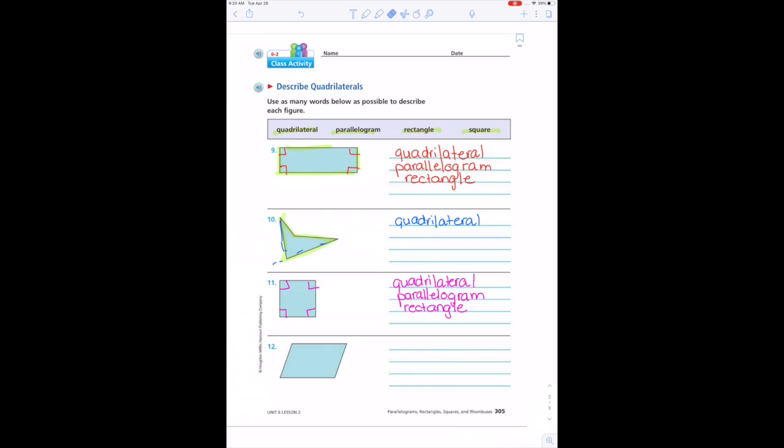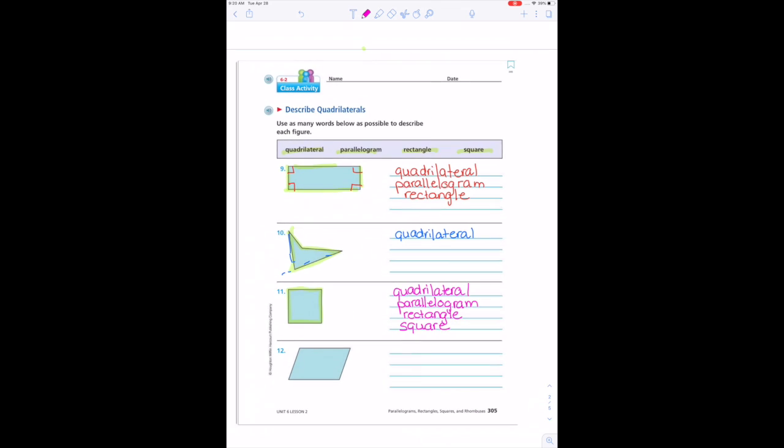Okay, now, are each of the sides the same length? Yes, they are the same length. So this would be a square. Now, because it's a parallelogram, and because it has 4 sides that are the same, we could also classify this one as a rhombus.